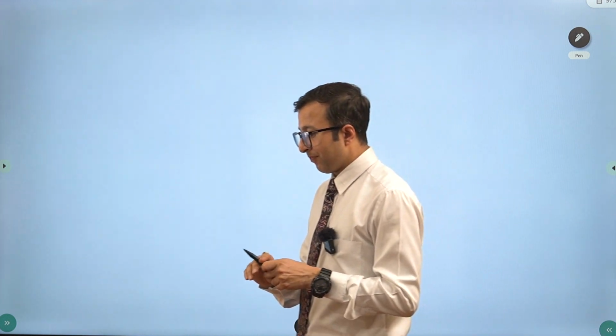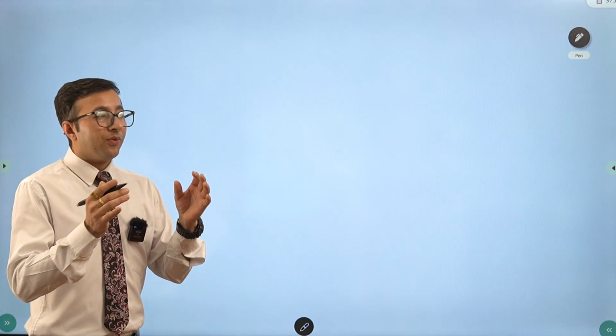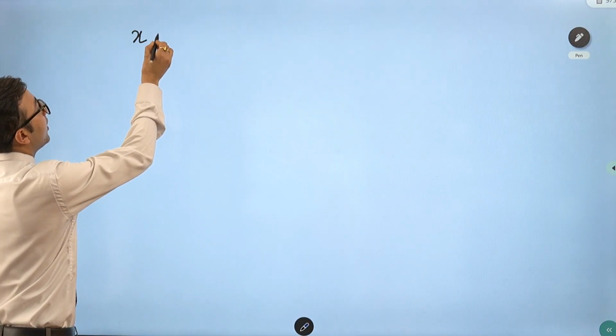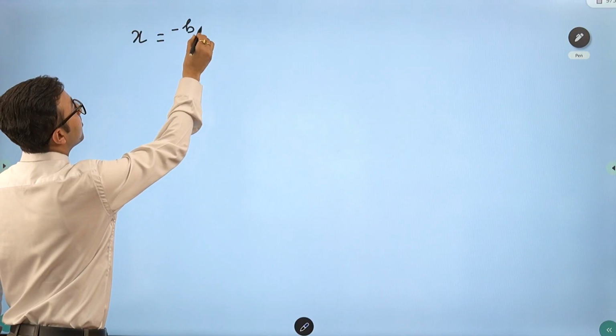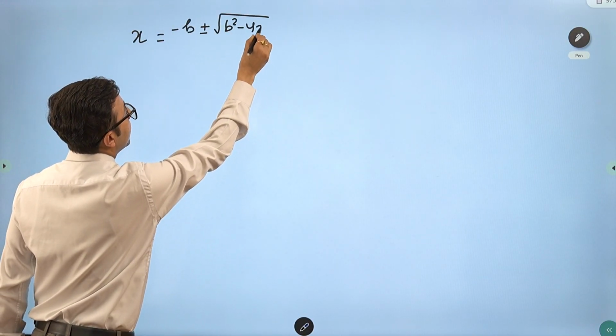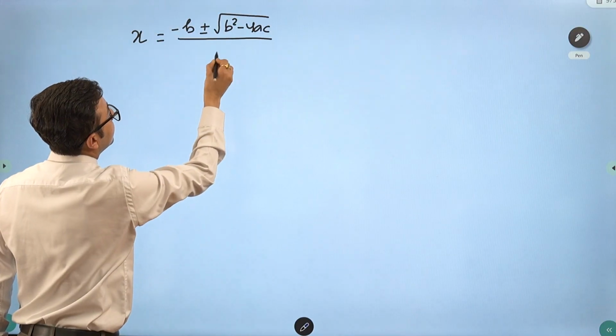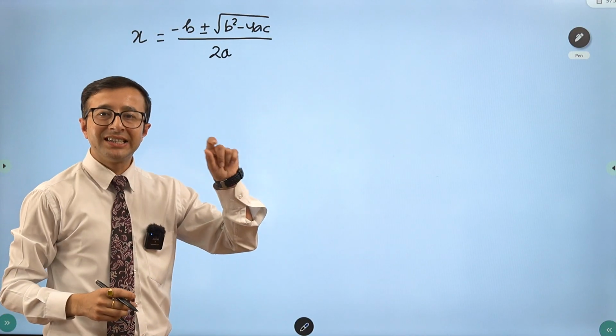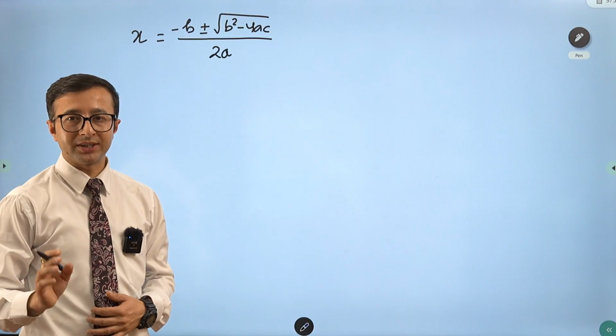So first of all, the formula is x is equal to minus b plus minus square root of b square minus 4ac, divided by 2a. We are just rewriting d as b square minus 4ac.